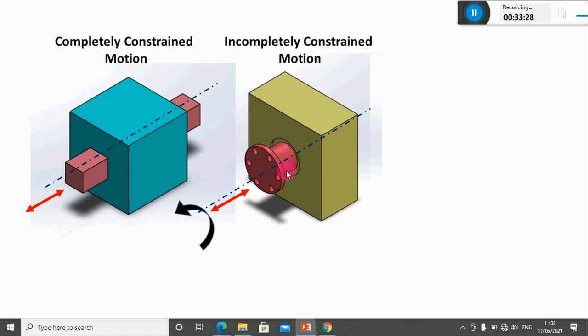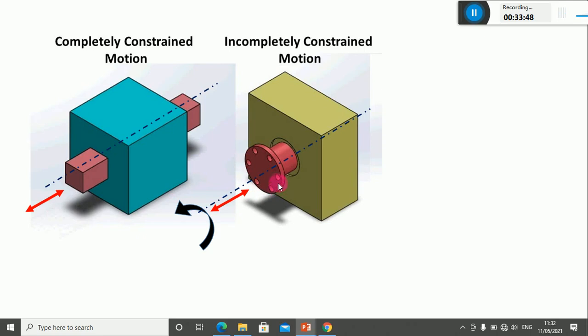Since the cross section is a circle, the shaft can have two motions. One is a sliding motion with respect to this cube, and one more a rotary motion with respect to the same cube. It means the shaft is not restricted to only slide. It is not restricted to only a rotary motion. It has a combination of both.